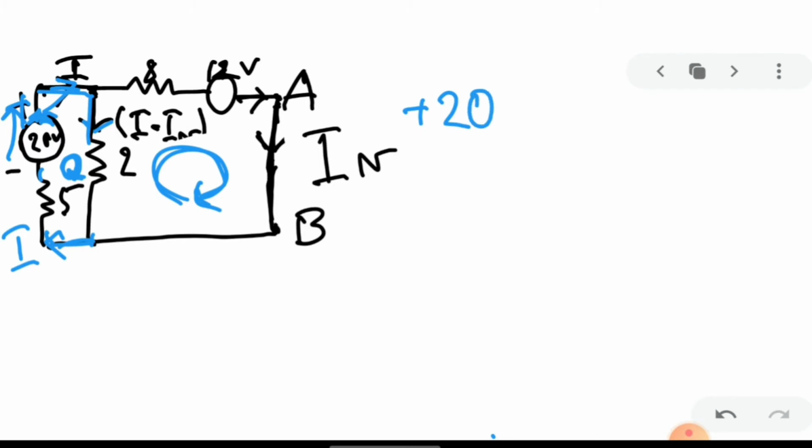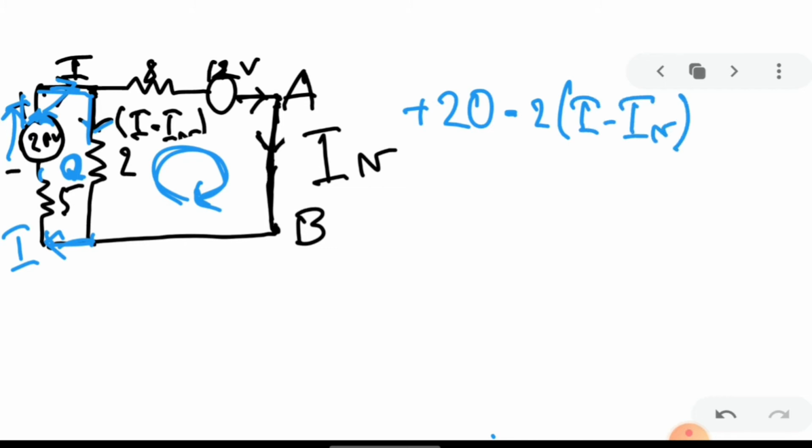And previously I told you that if the direction of the loop and the current direction are the same, then it is a minus. So here it is 2 into I minus IN, and it is minus.